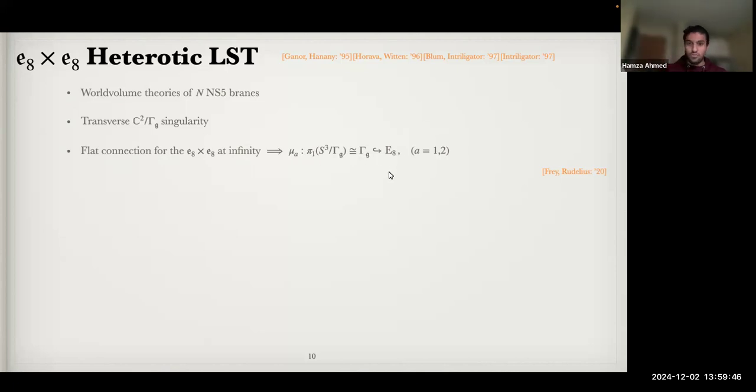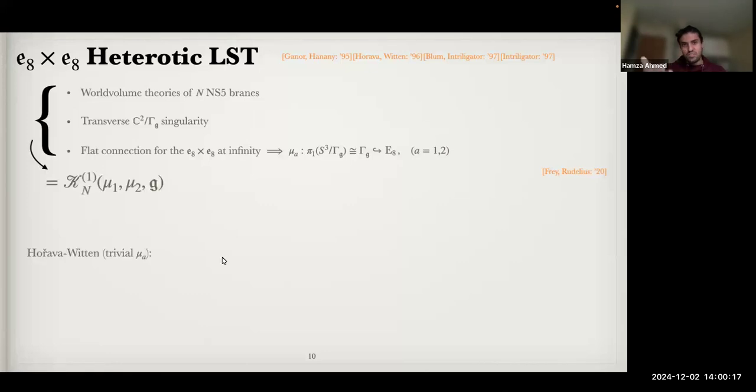But this isn't too important for us, because from the physics point of view, all this is doing is picking the flavor symmetry of your world volume theory, so the flavor symmetry of your LST. If I pick a trivial flat connection, then I will have the full E8 times E8 flavor symmetry. If I pick some non-trivial embedding here, then I would break the E8 times E8. And we will see this in explicit examples.